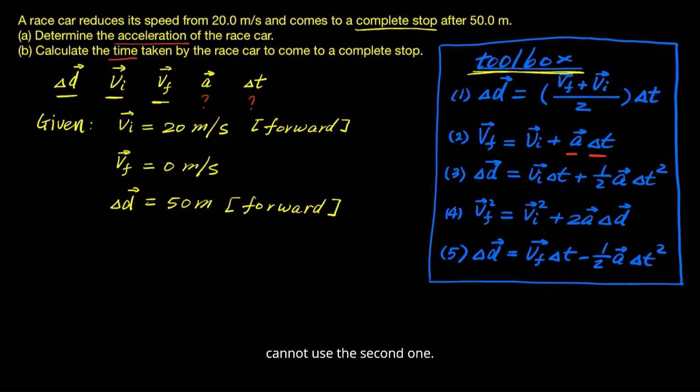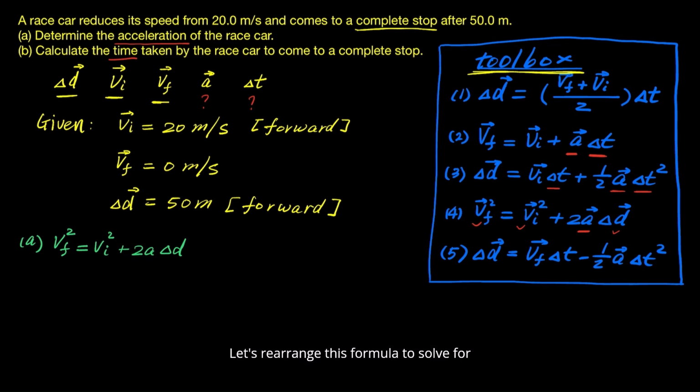The third one also contains both acceleration and time, so we cannot use it either. The fourth one contains the acceleration, and all the rest are known variables, right? We know vf, we know vi, and we know delta d. So this is the perfect formula. For part A, we're going to use vf squared equals vi squared plus 2a delta d.